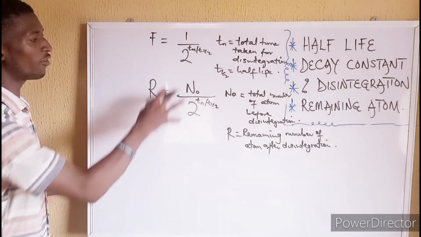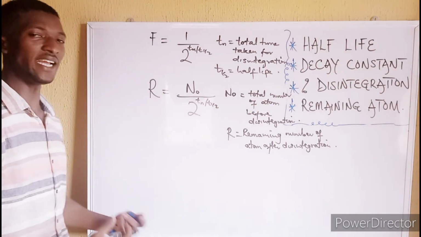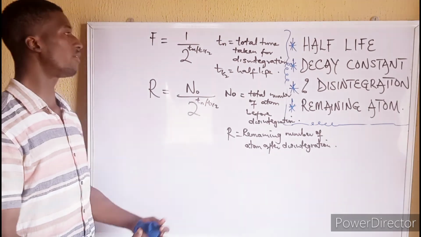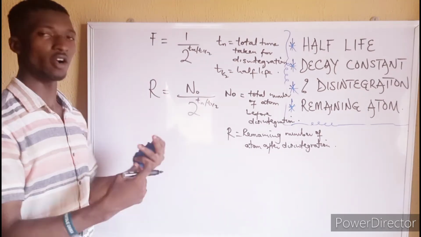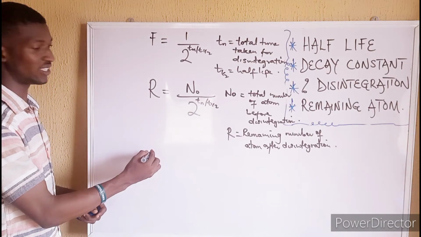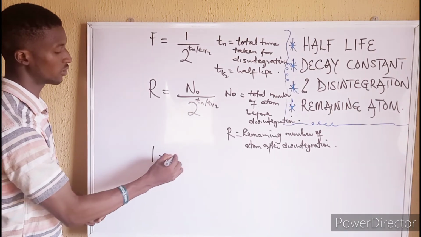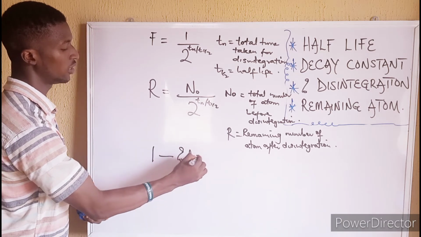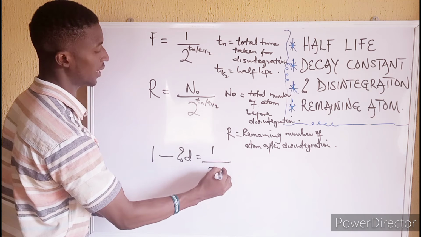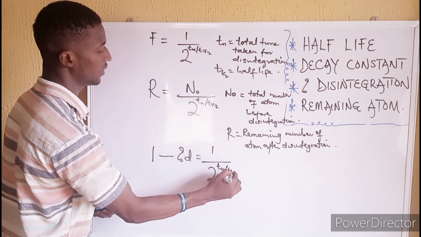Okay, for the last aspect, they might tend to include the percentage that disintegrated instead of giving you the fraction. When you come across percentage that disintegrated, you just state that your percentage of disintegration, 1 minus percentage of disintegration, is also equal to 1 over 2 raised to power Tn divided by half-life.